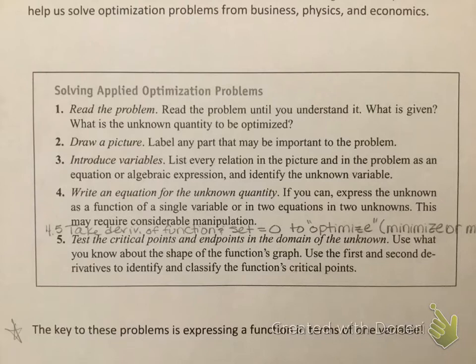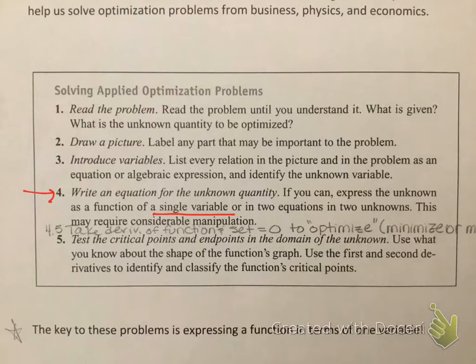Drawing a picture is self-explanatory. Introducing variables, you need to understand what every variable you write down for your problem is and what the 2 variables are in your function that you're going to write, because this is what you will have the most problem with. Writing an equation for the unknown quantity in a single variable. So in other words, you are writing a function like f of x in one variable.